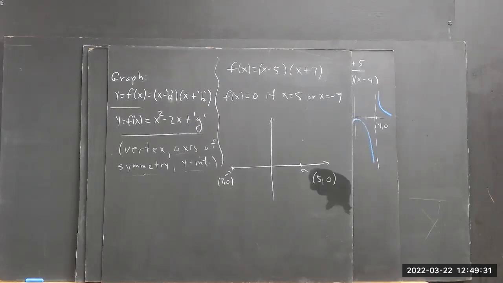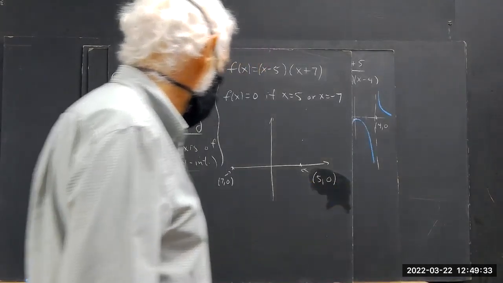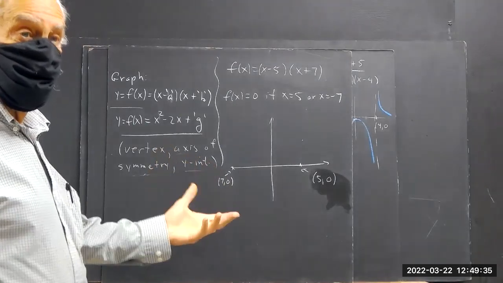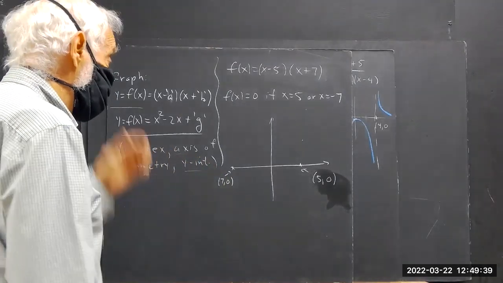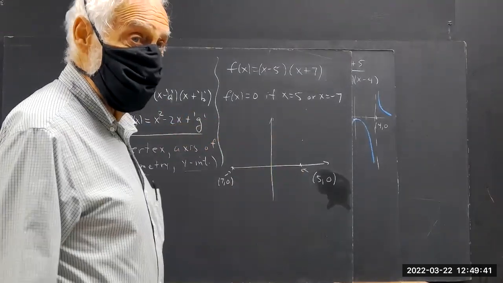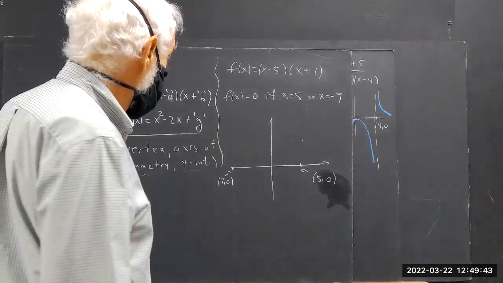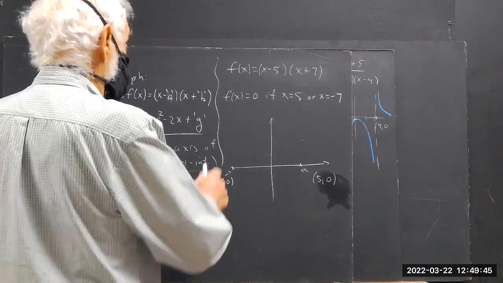Somebody pointed out that I had the coordinates of this result wrong, which I did. So obviously 5, 0, not 0, 5. Anyhow, this is what we know. Now we can find the y-intercept.